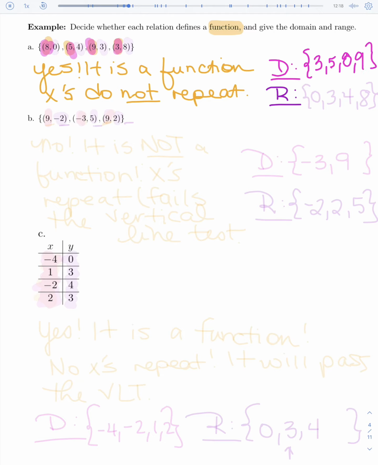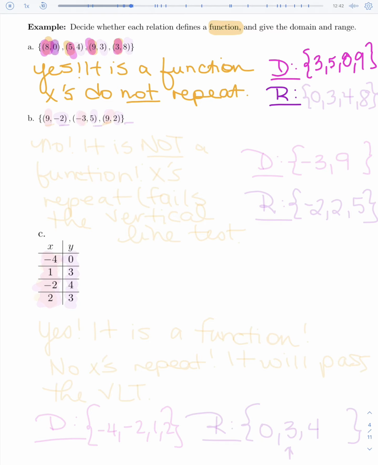However, when I use set braces, I don't need to put things in order. When I do interval notation, I do, because we're always reading things from smallest to largest when you have a start and an ending value. But we don't if we're using set notation. But if you're worried about forgetting, I would just get in the habit of putting everything in order. Now let's take a look at range.